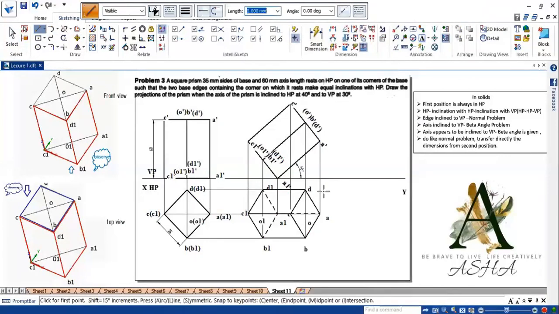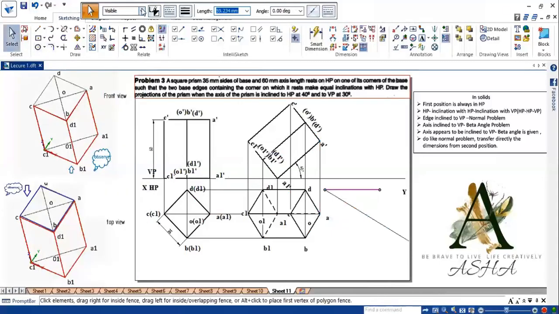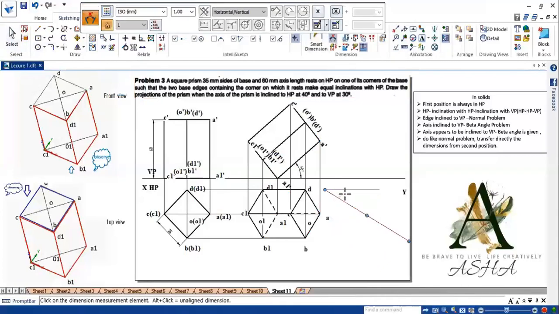So take any parallel line. Draw a 30 degree line. Length can be anything, minus 30 degree. Okay. Make this also projection line. Show the angle 30 degree. See, what is the axis? True length of the axis, that is 60 mm. So take arc by center point method.